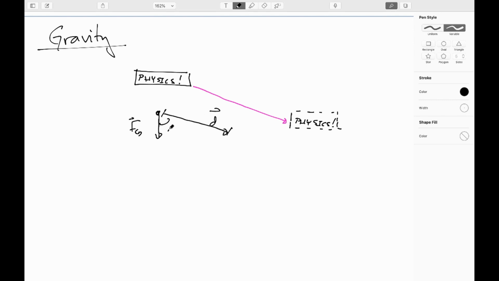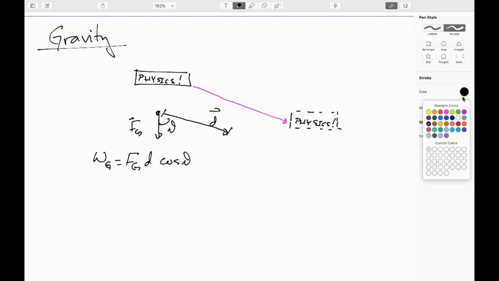Let's call this angle theta here. So again, the work done by gravity will be equal to the force of gravity times d times the cosine of that angle theta.